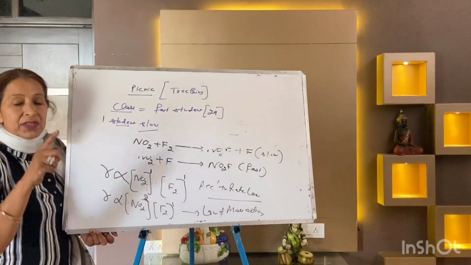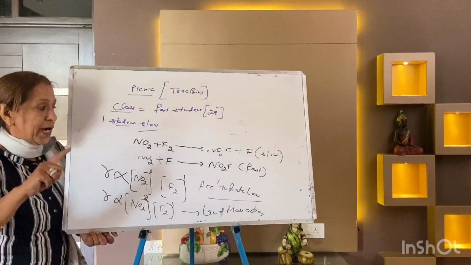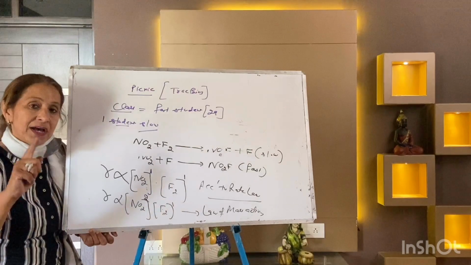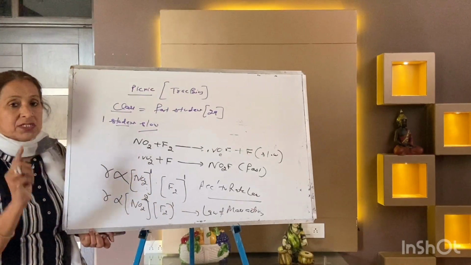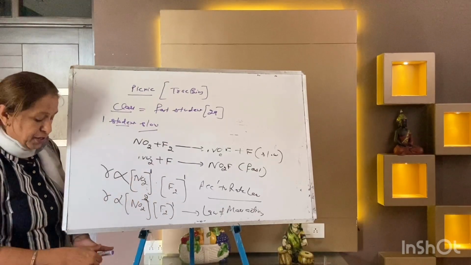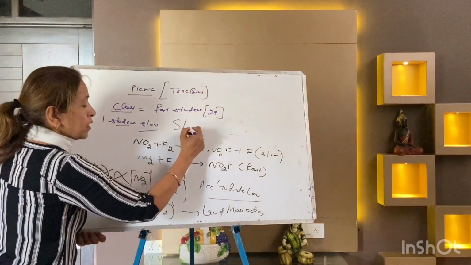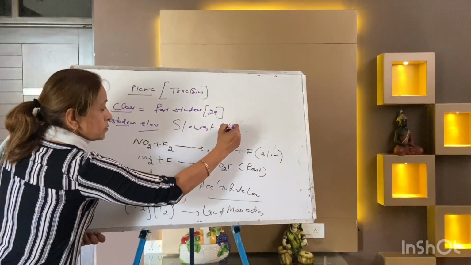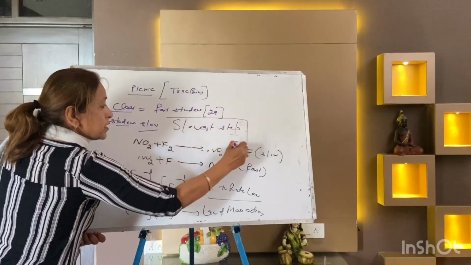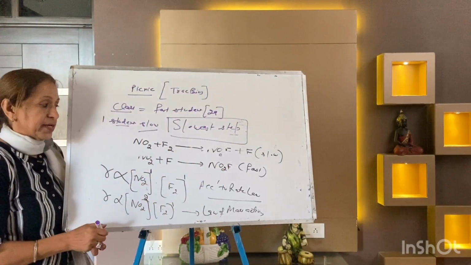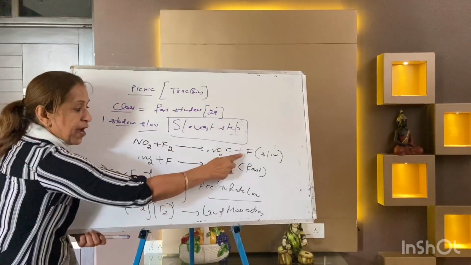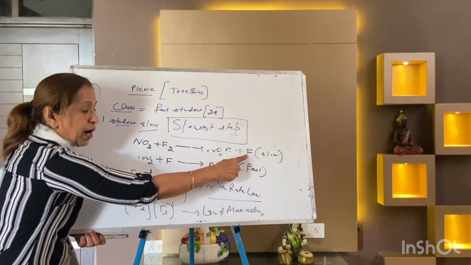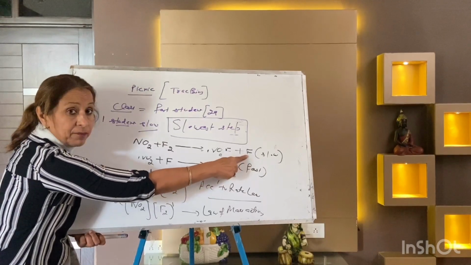This means the rate of the reaction always depends upon the slowest step. So always remember, slowest step is the rate determining step. You can see this is the first occasion where the F atom is coming out very slowly.